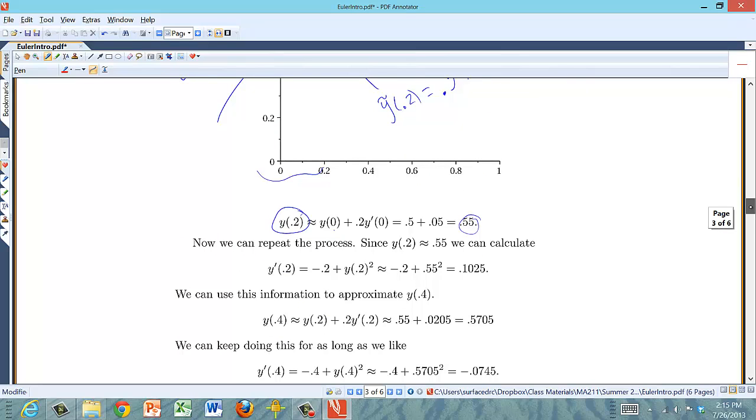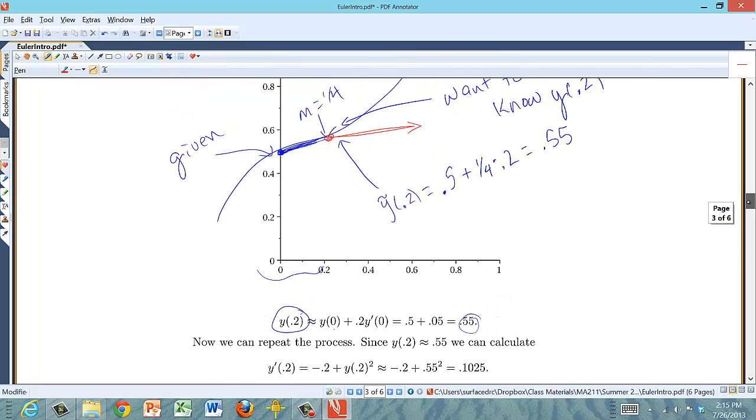So now that we've calculated our derivative at time point 2, now we can use that information. We know the value of y at time point 2. We know its derivative at time point 2. Now we can use that information to maybe estimate the value of y at time point 4. This distance between estimates is called the step size. So I'm just stepping along and I'm making estimates of the value of y at different times.